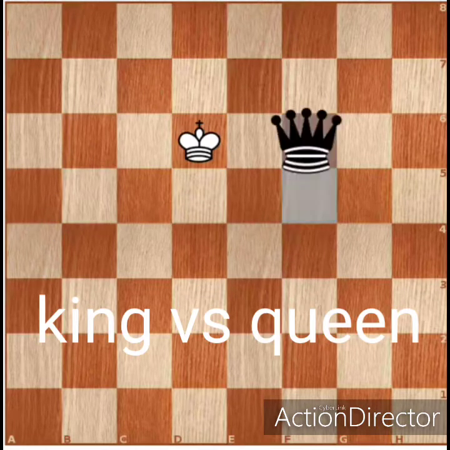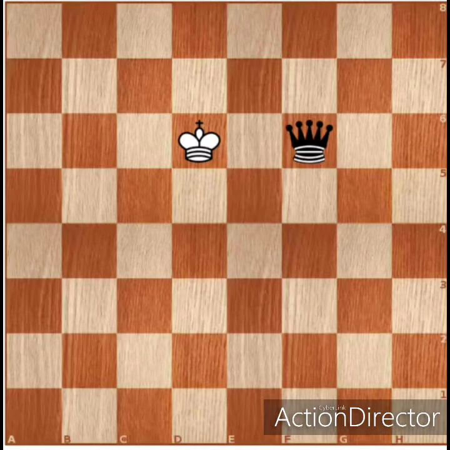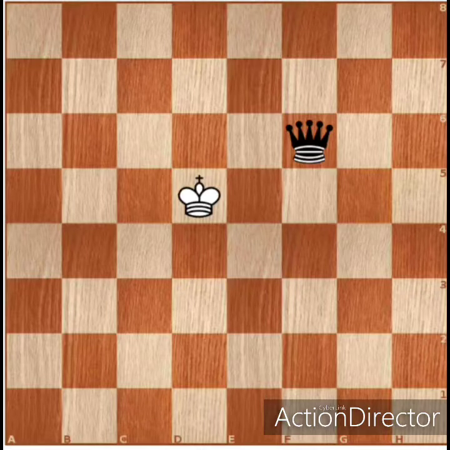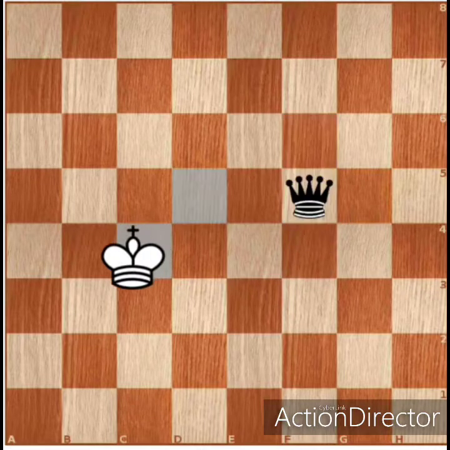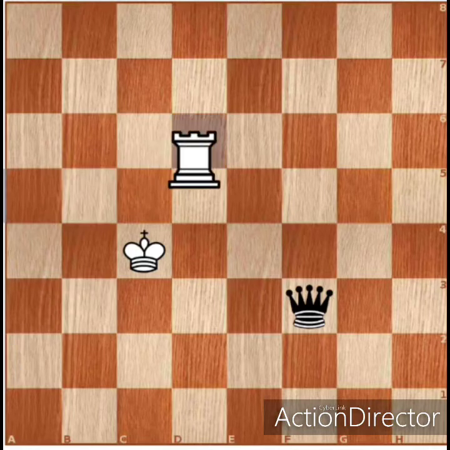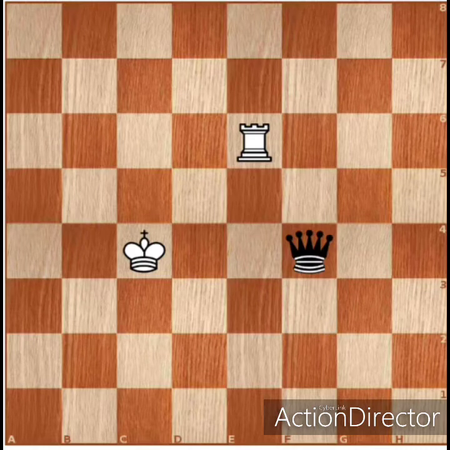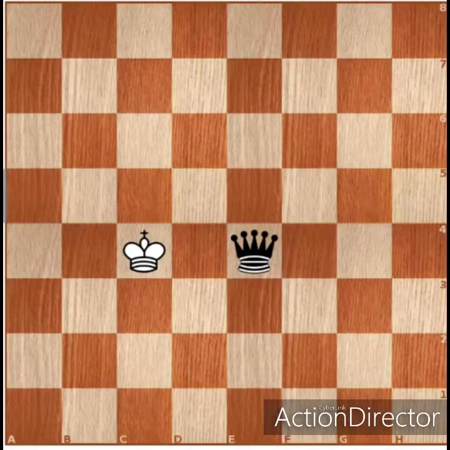King. If the queen goes here, this is a threat, a check. Now you have to move your king. Again you have to move your king. Or either, in this kind of situation, if it is check, then you can block. Or simply you can capture at this moment.